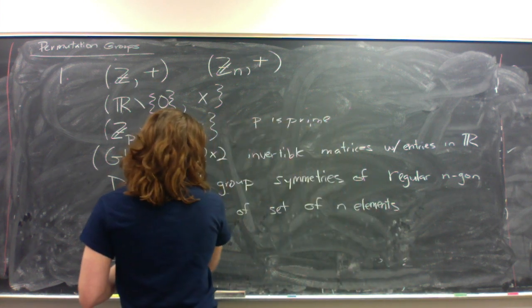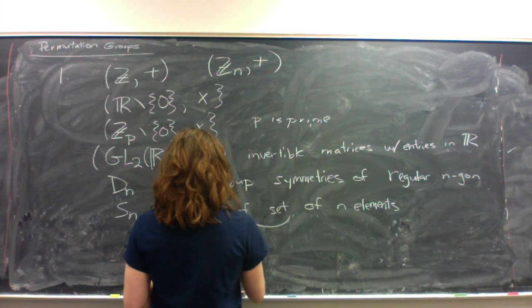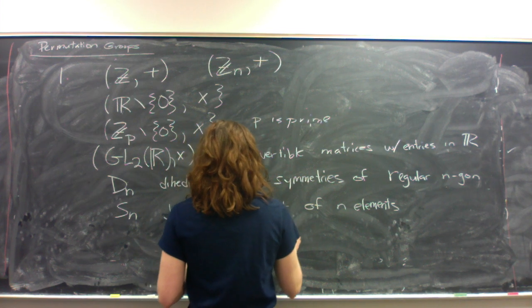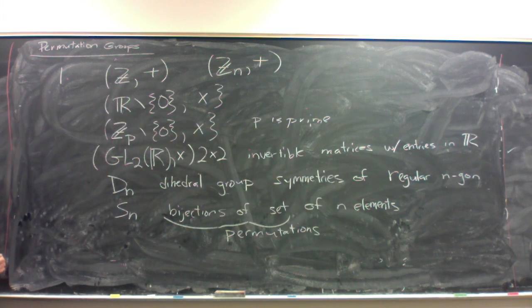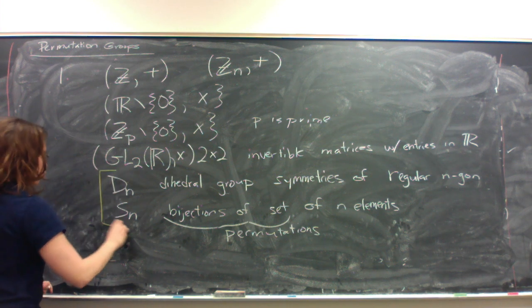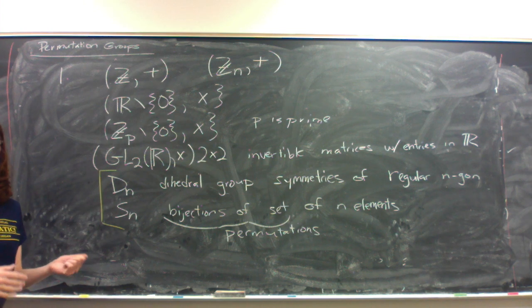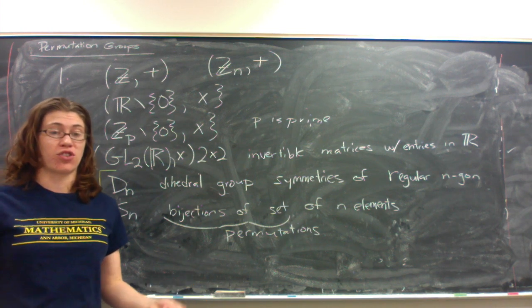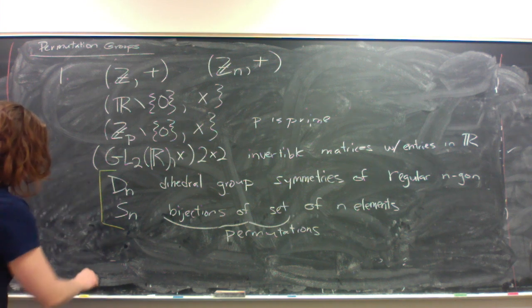But again, we sometimes say that these are permutations of n elements. And the real advantage to these two groups, D_n and S_n, that do not come from a ring structure, is that they are also families of groups.